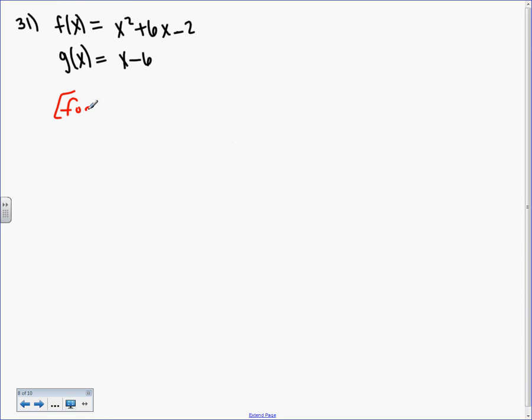I'm going to do f of g of x first, which is f of g of x. Same thing. This comes first. Okay? So f of x minus 6, because that's what g of x is. I didn't do anything on my own. I just used what they gave me. Do you understand that? So typically they'd be like, hey, f of x is that, right?